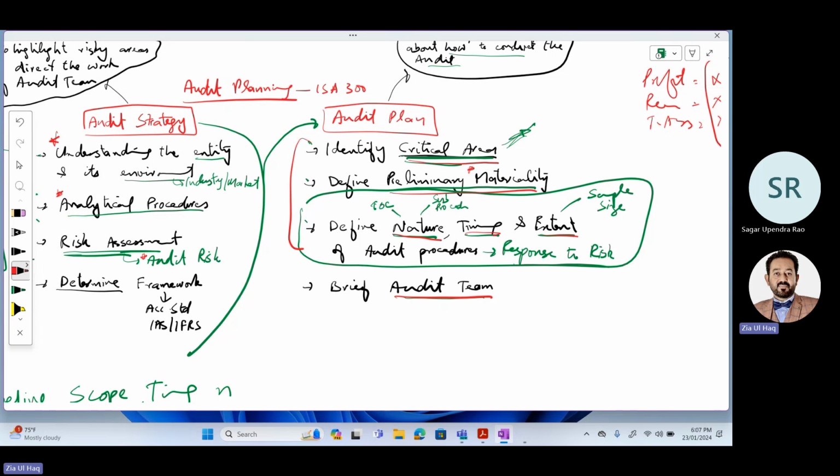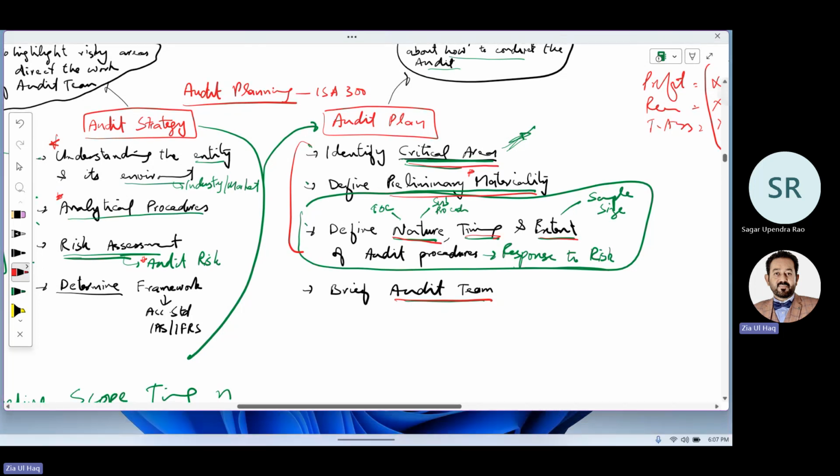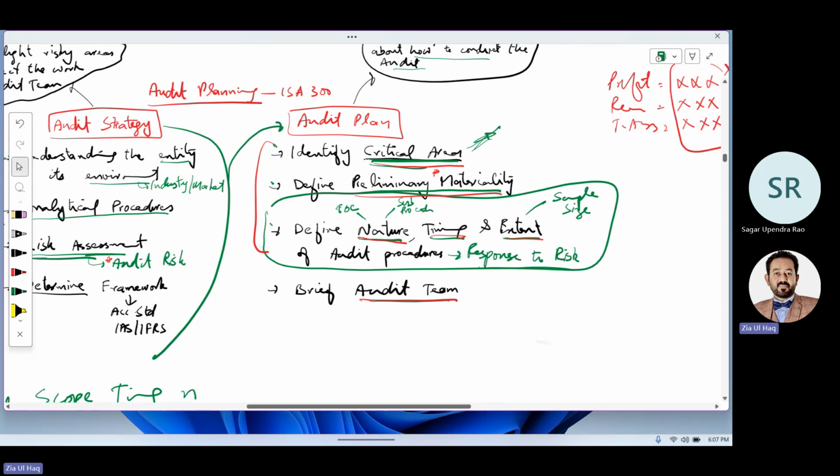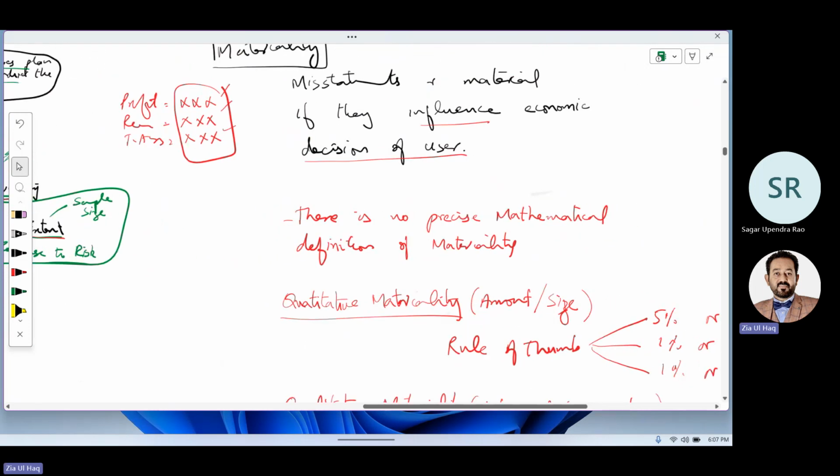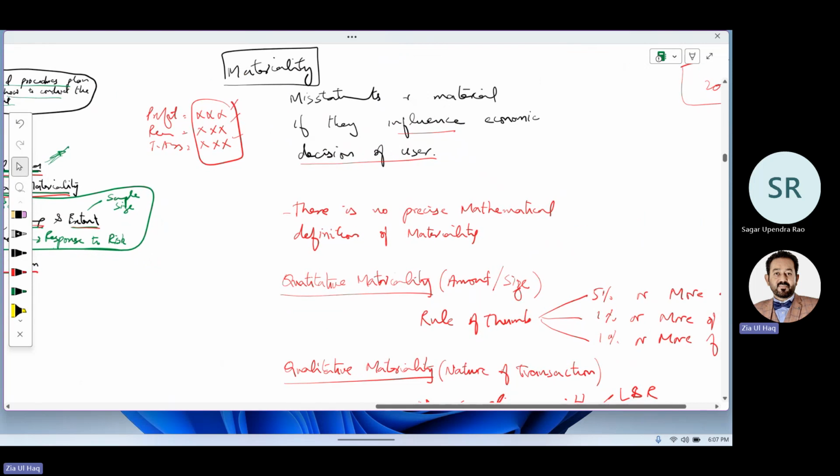So we have discussed in detail understanding the entity and its environment. We have discussed analytical procedures, the three levels where they are used during the audit, and we started the detail about materiality. Let's discuss a few more things about materiality and then move towards audit risk.